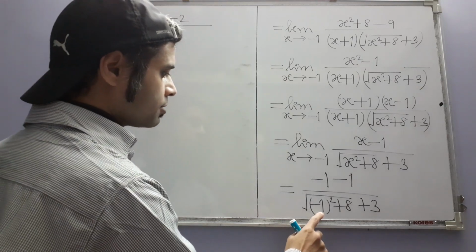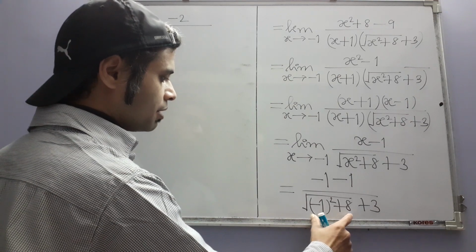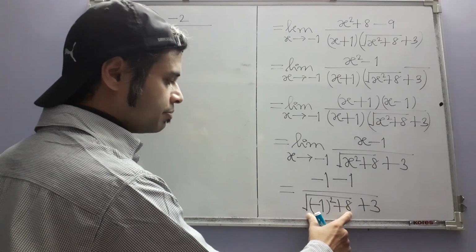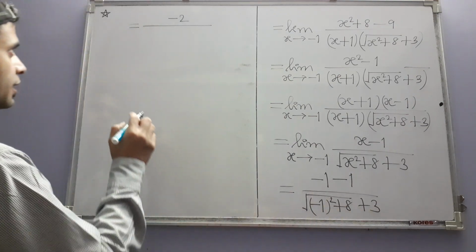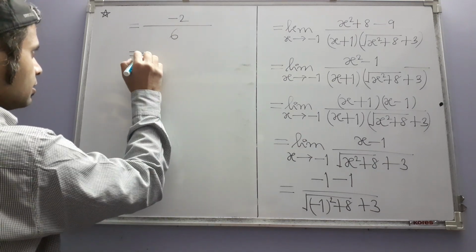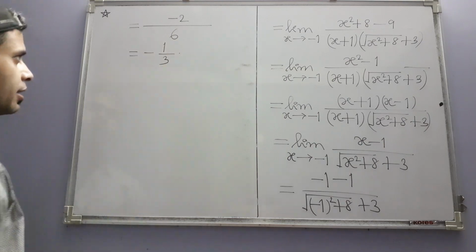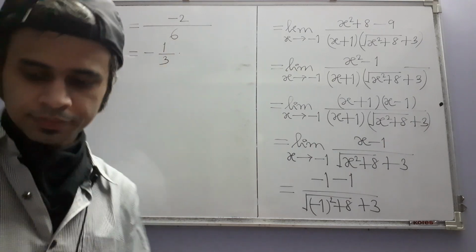So this will be the square root of 9, positive square root of 9. So we will get 3 here. 3 plus 3 gives us 6. So that means our final answer is minus 1 over 3.